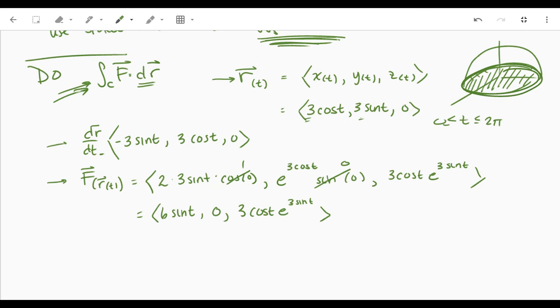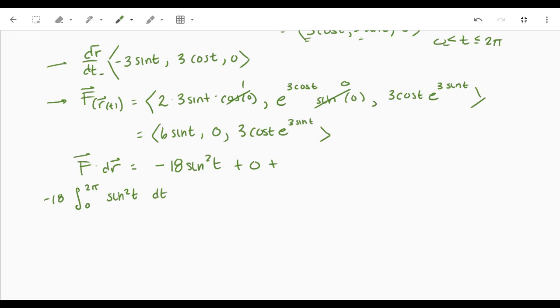So f dot dr would be negative 18 sine squared t plus 0 plus 0. Okay, so we're going to do the integral from t is 0 to 2 pi of negative 18 sine squared t dt.